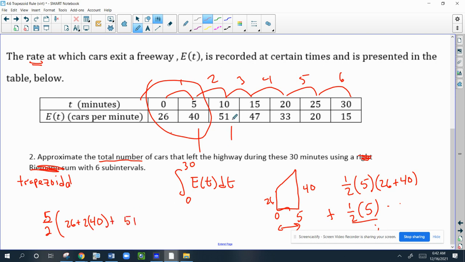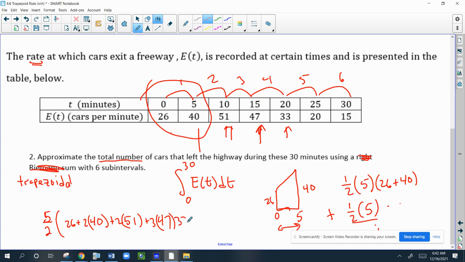The third trapezoid is 51 plus 47. Next trapezoid, the fourth: its first height would be 47 and then 33. So you can kind of see the pattern going here.